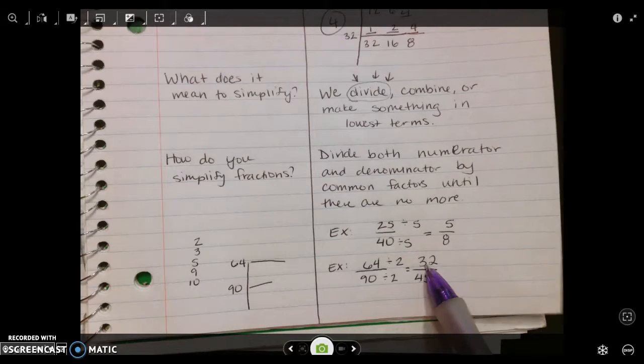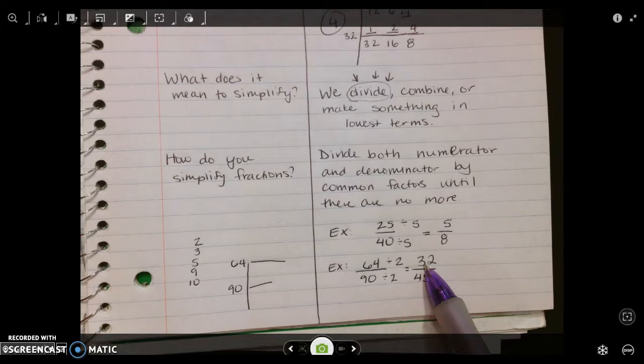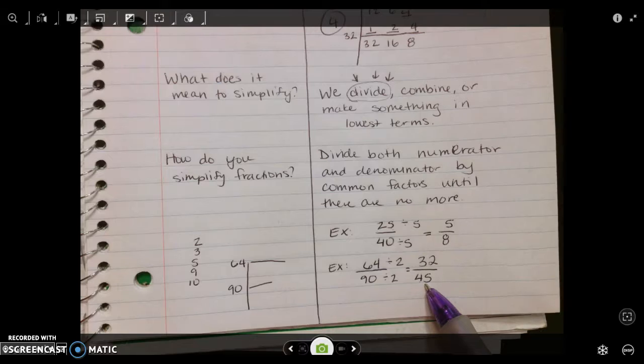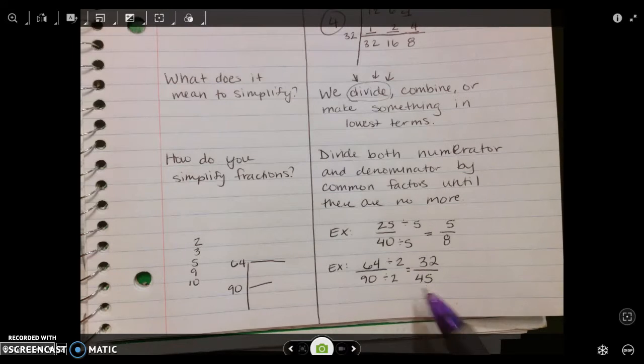If I think about 32, what are things that divide 32? 4. That doesn't get divided by 4. What else can be divided by 32? 2. That can be divided by 2. 16. That can be divided by 16. So actually, Ms. Wolf made an oopsie, and she just gave you one that's already in lowest terms again.